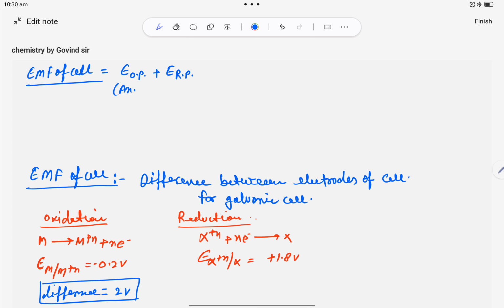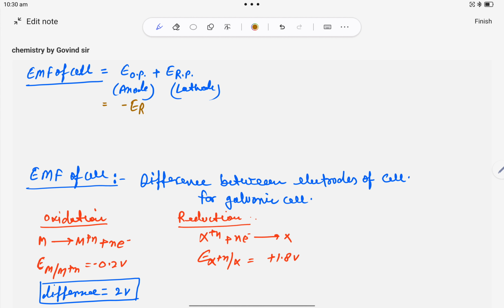Here oxidation is happening at the anode, reduction is happening at the cathode. In that case you have to change the sign now, because we have to use only reduction potential.